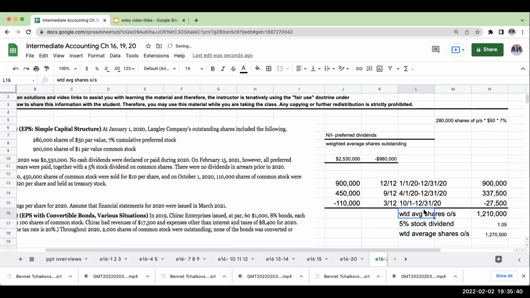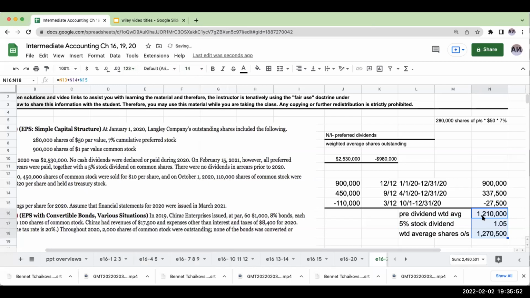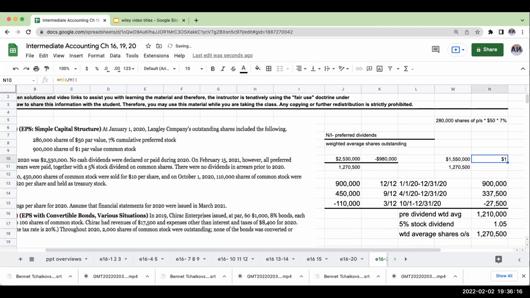My weighted average shares outstanding is going to be 1,270,500. So computing my earnings per share, this is going to be 2,530,000 less the 980,000 divided by 1,270,500. Divide this through, and I'm going to get $1.22, which somehow rhymes from me to you.